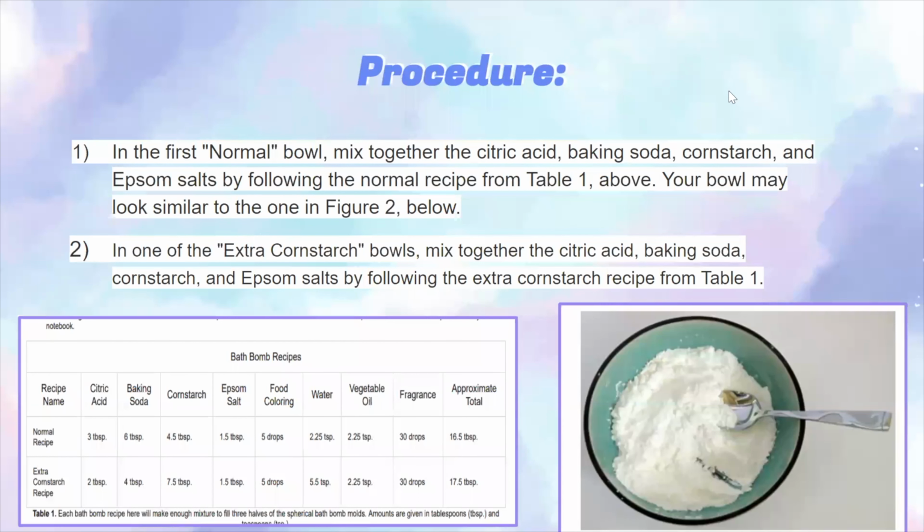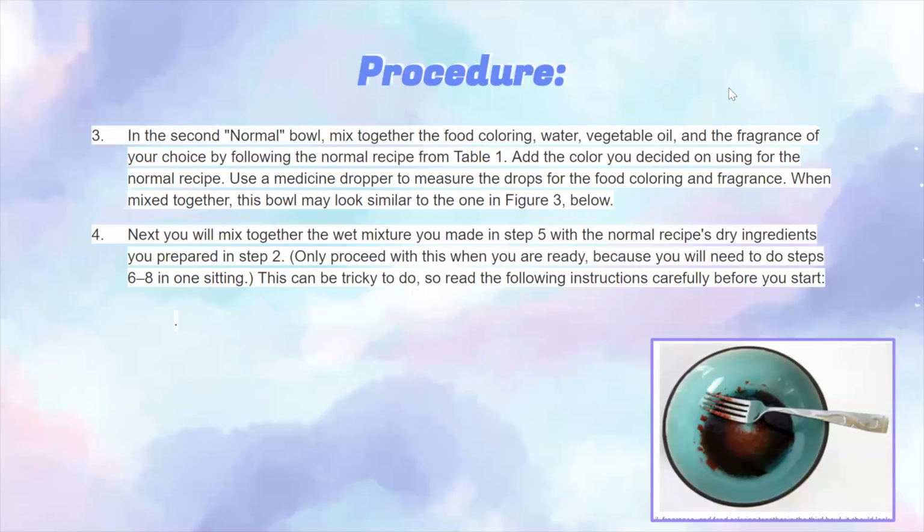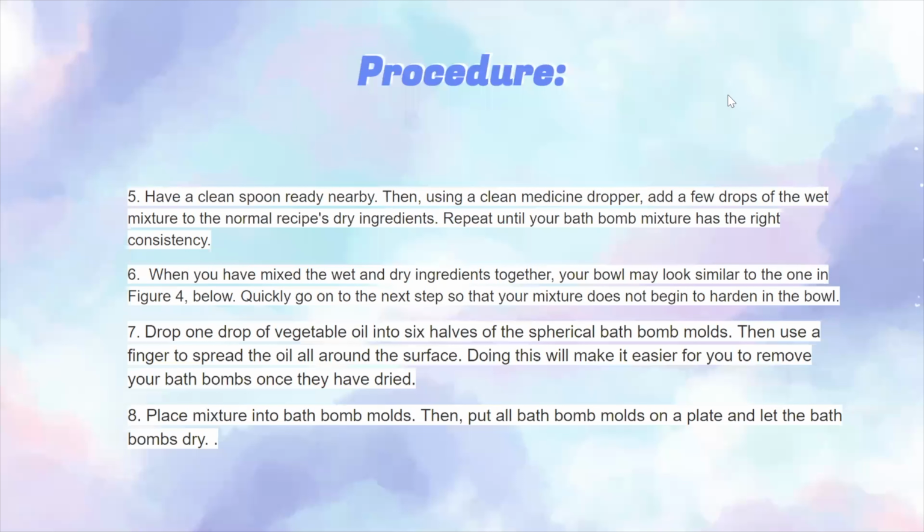First, we mix the dry ingredients for the normal and extra cornstarch recipes. Then we combine the wet ingredients for the normal and the extra cornstarch recipes. Now we combine the wet with the dry ingredients.